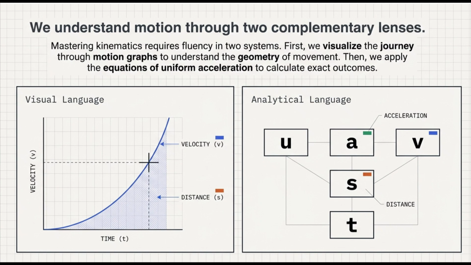The four variables shown here are u, which we use for initial velocity.